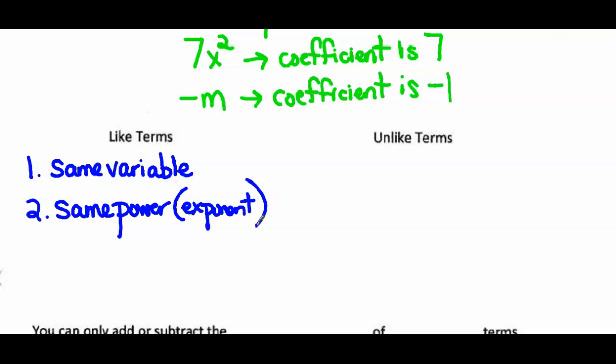Did I spell it right? Yes. So an example of like terms could be 6p, 11p. Those are like terms because they both have the variable of p.